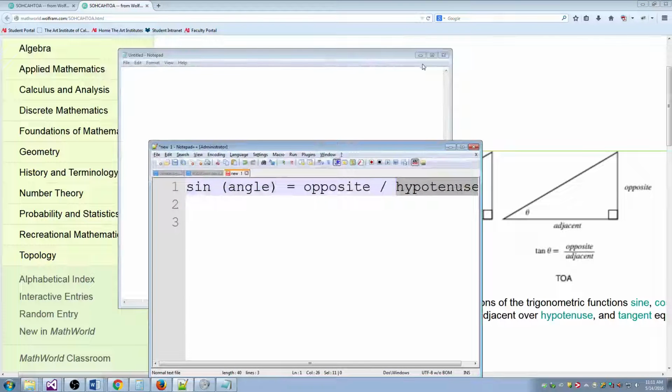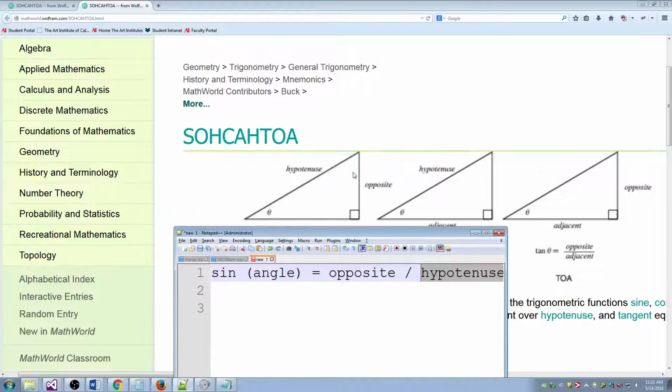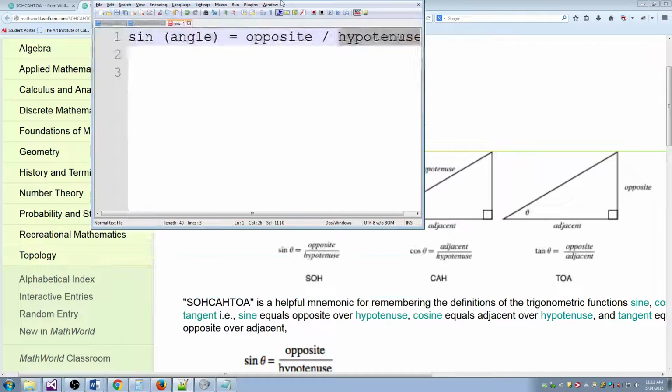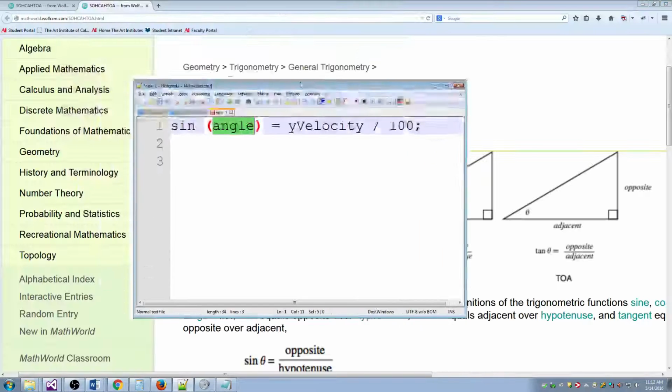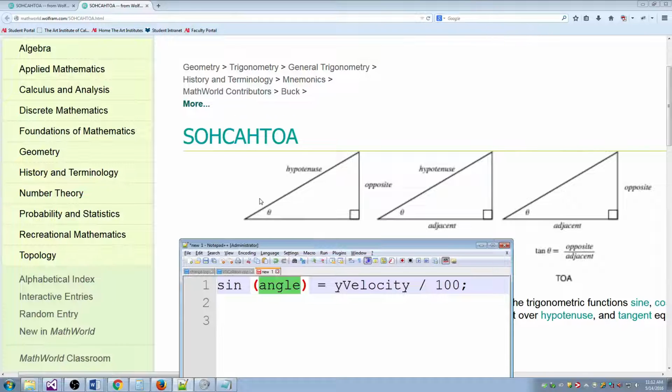We know that this triangle here represents a direction that we want to go. The hypotenuse here is the speed at which we want to move in that direction. Opposite is going to be the y-axis. So let's just rename these a little bit. Hypotenuse is going to be the velocity that we want to move. This is actually equal to 100 here. Opposite here represents our y velocity. That's what we want to know. And an angle here is this theta angle right here.